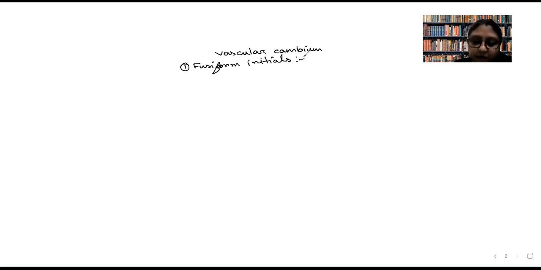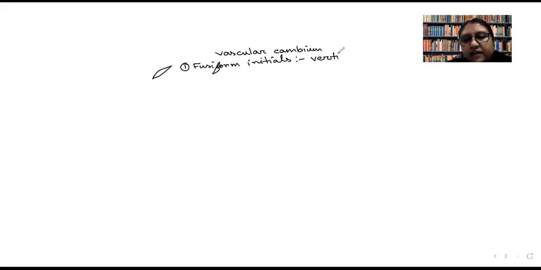When we studied about what shape is called fusiform? It is spindle shape. They are having shapes like this. Okay. So what is the role of fusiform initials?